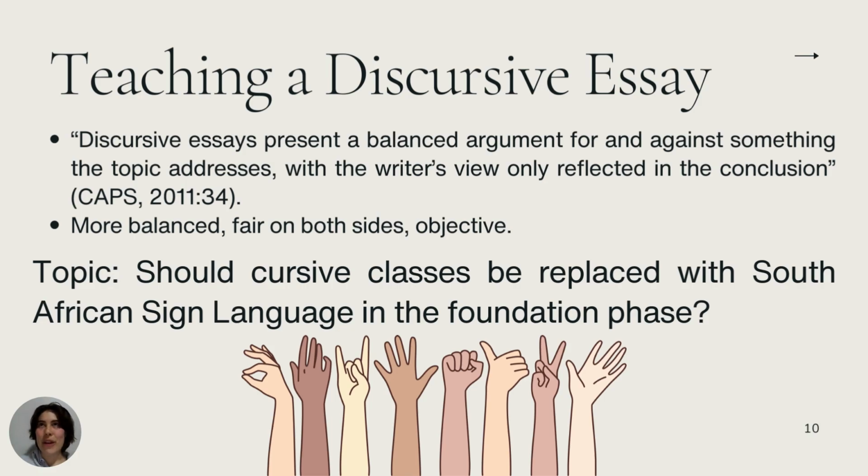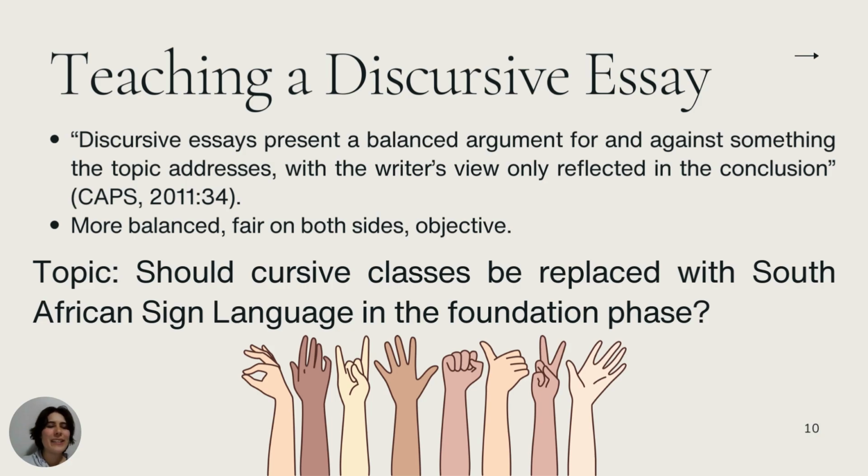I'm sure many of you may remember learning cursive in grade 1, 2, or 3, and it may have been very challenging. And I wonder today how many of us still write in cursive or found that very useful. And of course, there can be arguments on both sides. Cursive is useful because it helps you with your fine motor skills, and that's a useful skill in foundation phase.